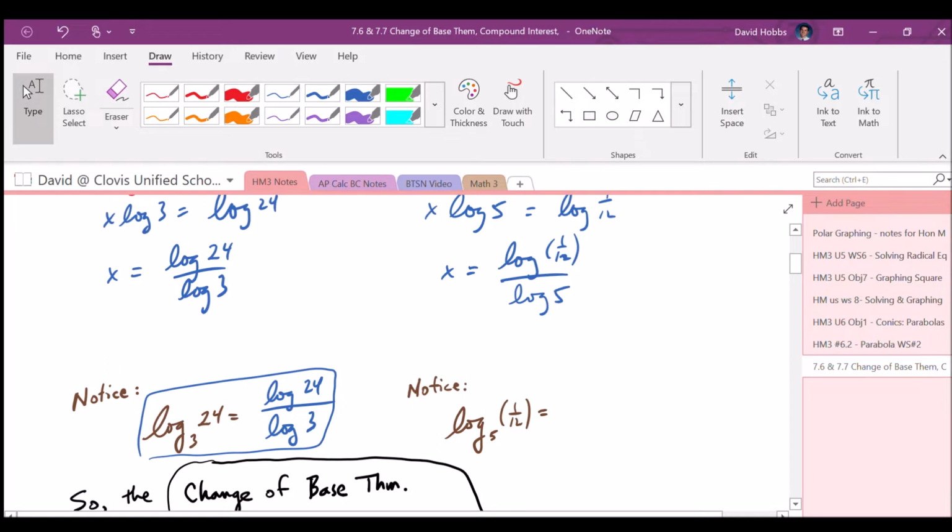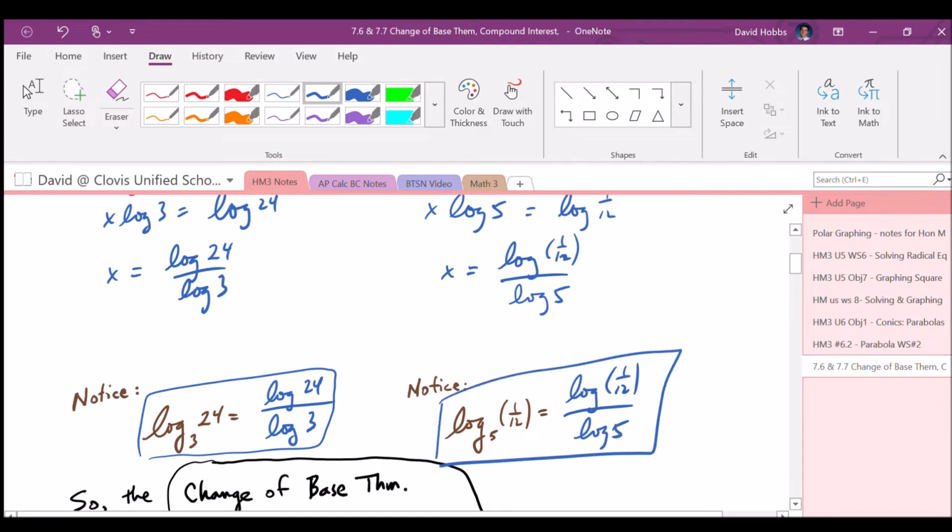Okay, and so log of 1/12 base 5, we would enter into a scientific calculator by doing log of 1/12 divided by log 5, and both of those are base 10. Now, the goal was for us to be entering them into a scientific calculator, and so right now you should be practicing that.